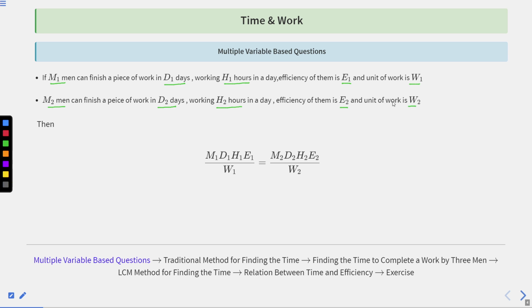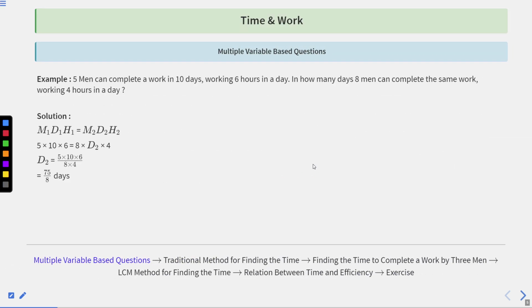Then we can define a relation here that says M1 times D1 times H1 times E1 upon W1 is equal to M2 times D2 times H2 times E2 upon W2.